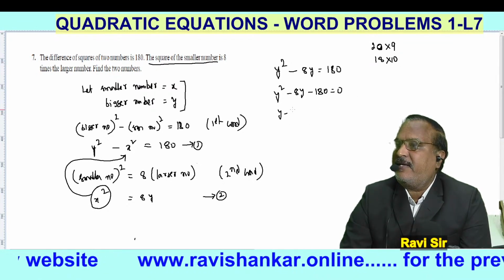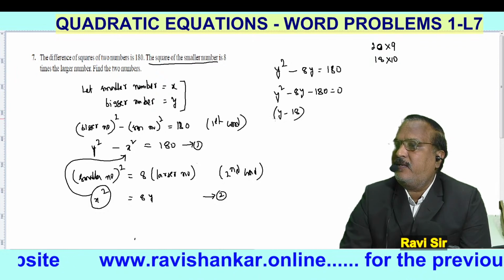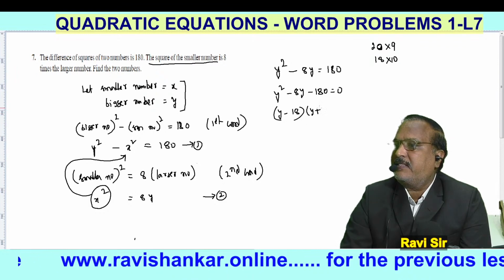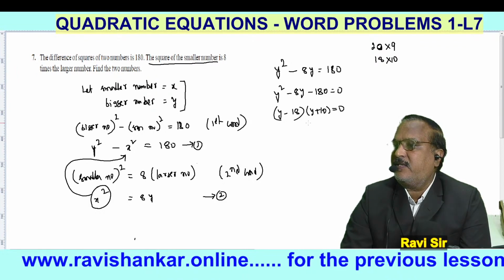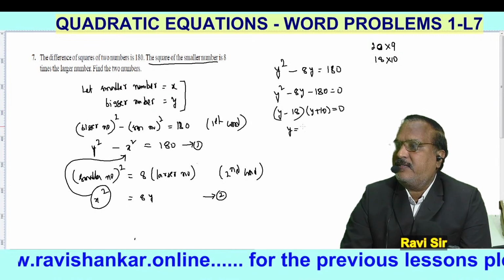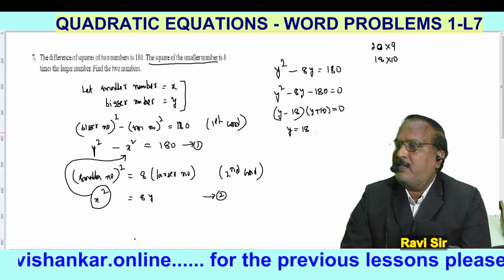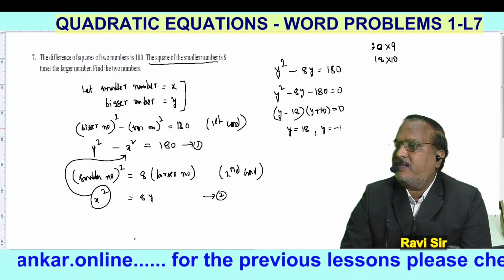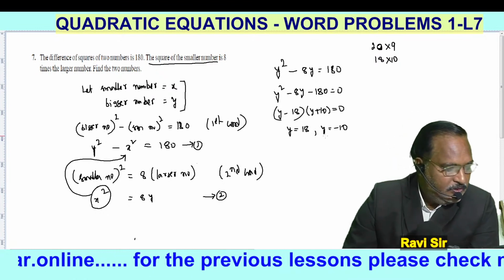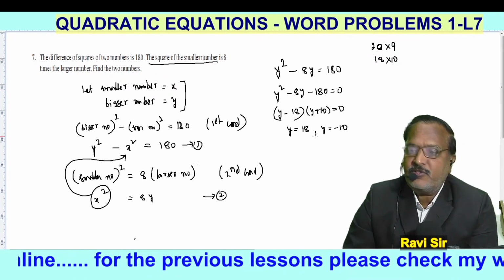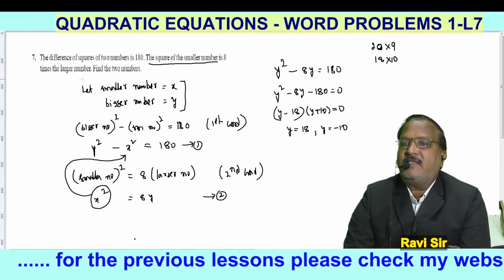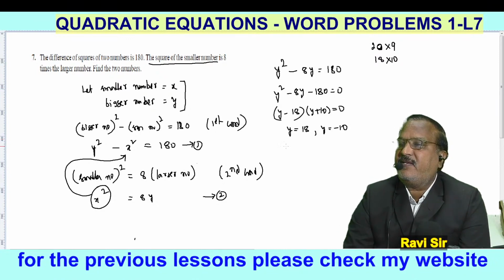So it is y minus 18 into y plus 10 is equal to 0. So y is equal to 18 and y is equal to minus 10. Both values should be considered because nothing is given about positive or negative.